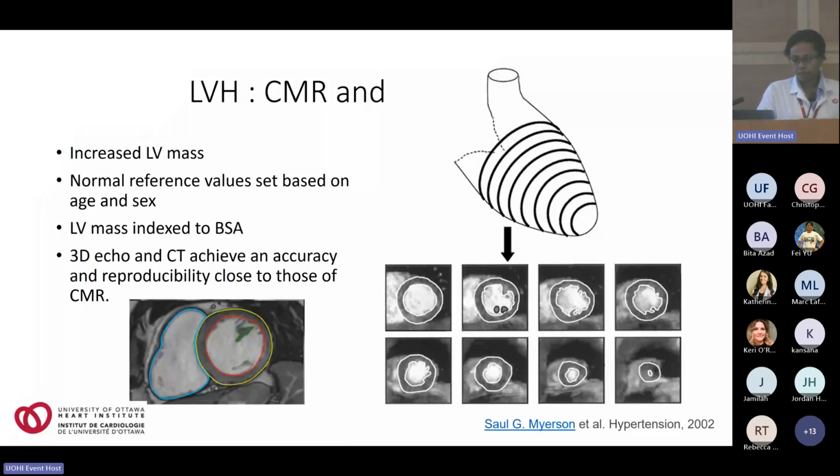On CT and MR, we usually report the normal values based on sex and age, which may be more appropriate since the one-size-fits-all approach may no longer apply.